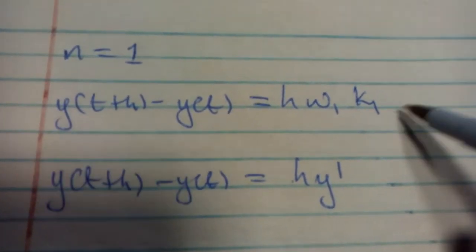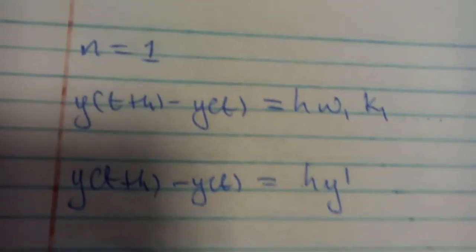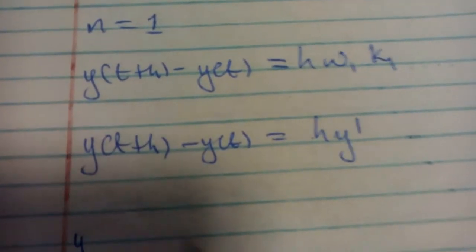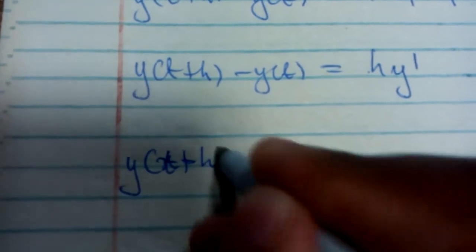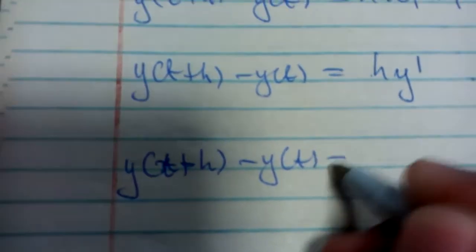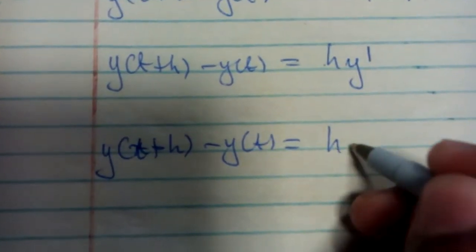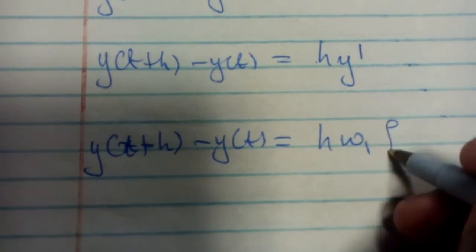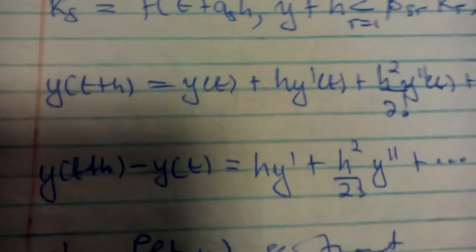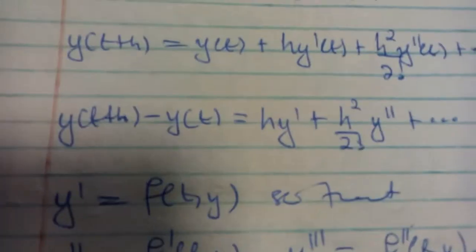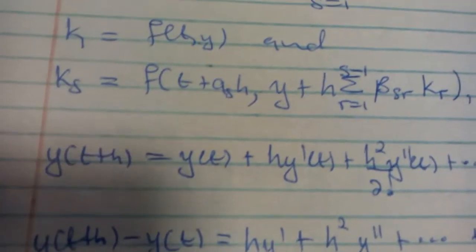In fact, from this equation here, we can rewrite that as y(t+h) - y(t) is equal to h w1 f, because we defined k1 here. Where's my k1?